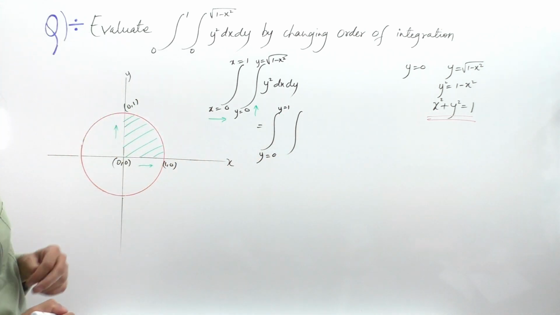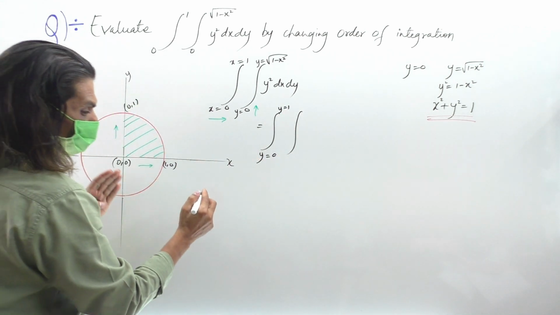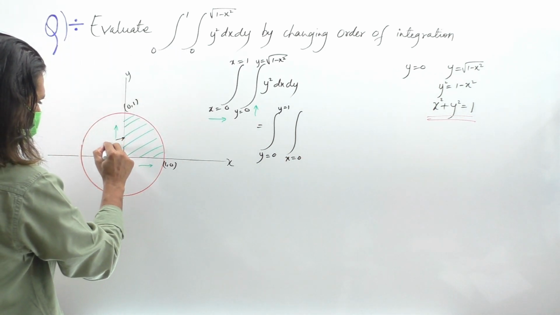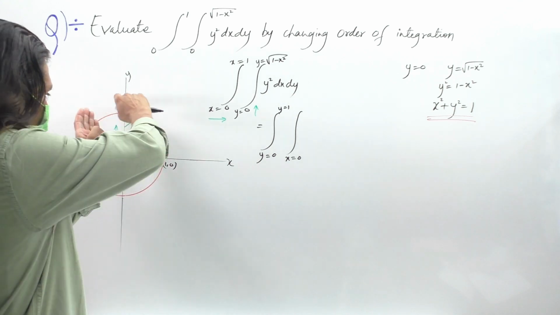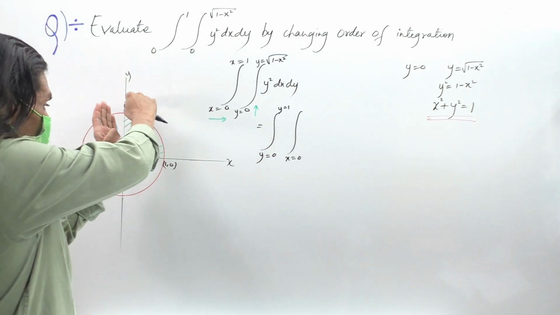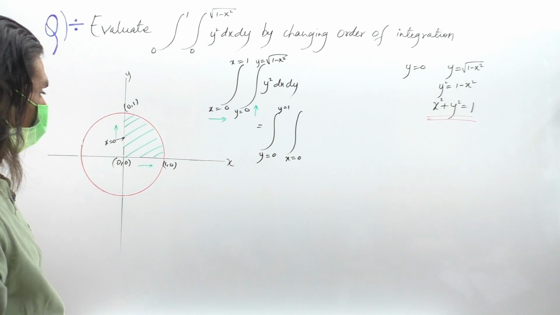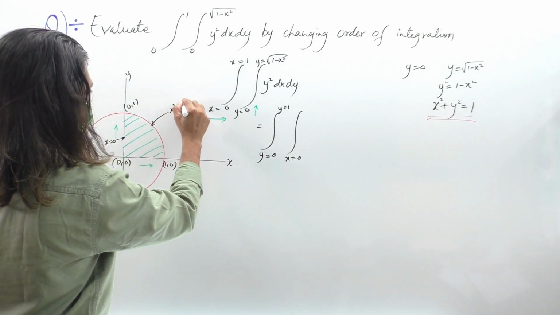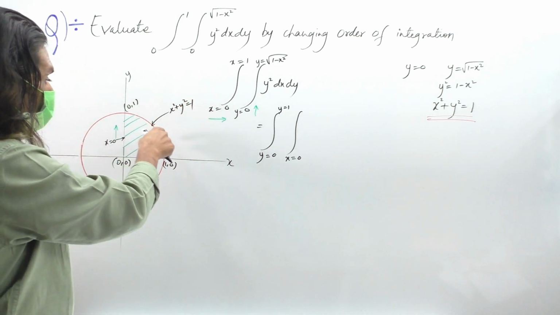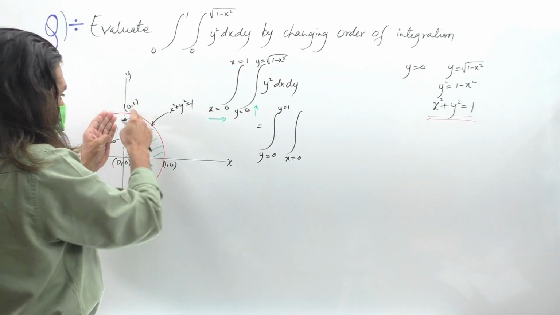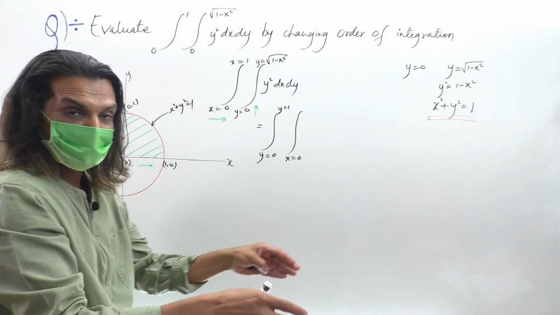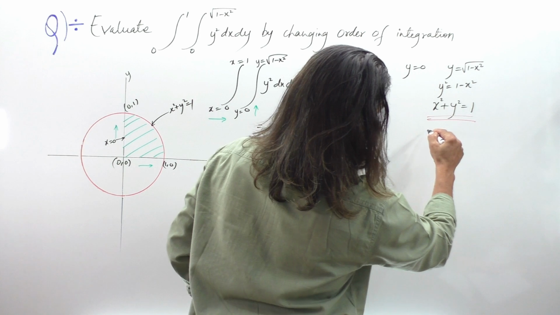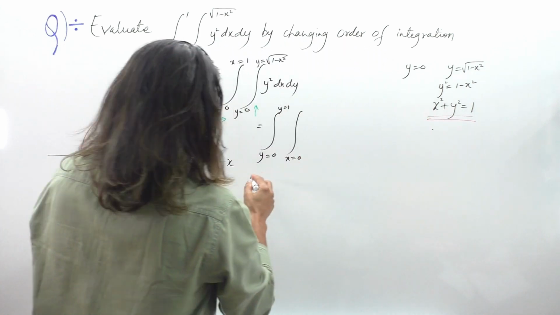And what do I see first? First x is equal to 0. This line is x is equal to 0, and the circle covers the other part of the region, the top part. The circle is x square plus y square is equal to 1, so we need to write it in terms of x.